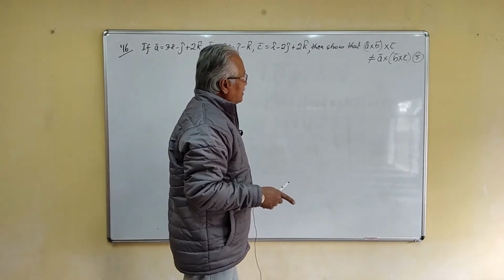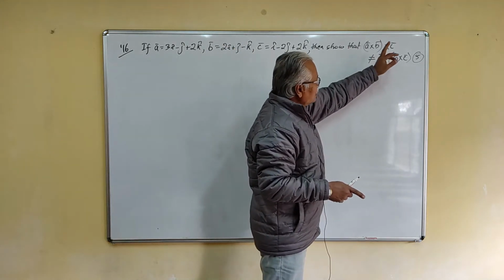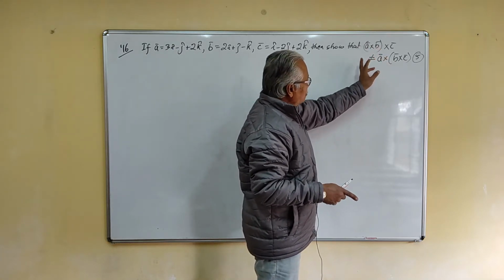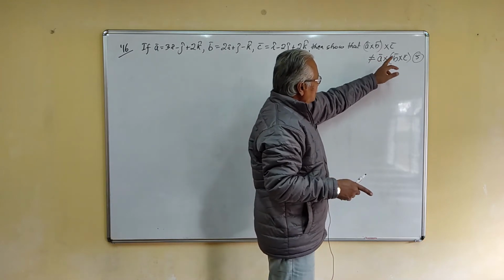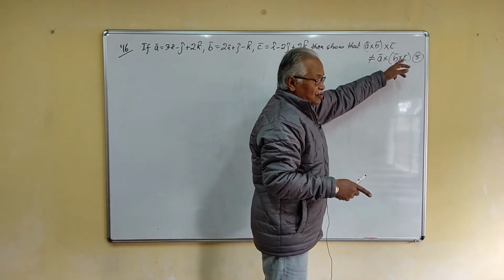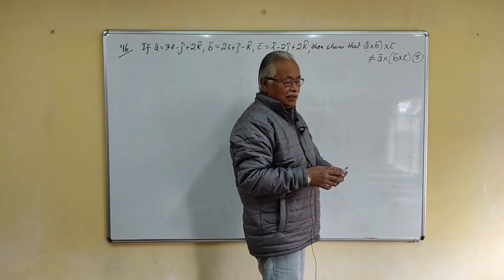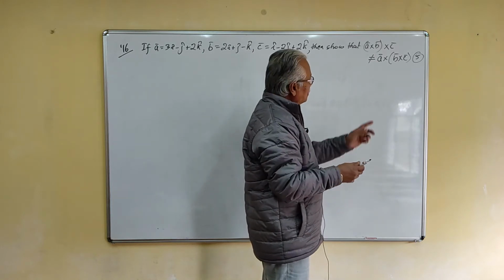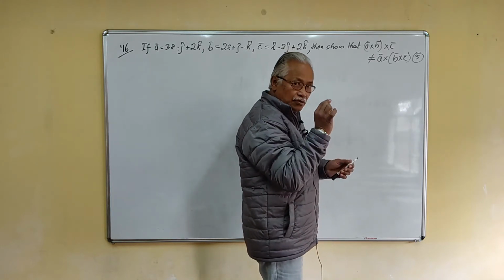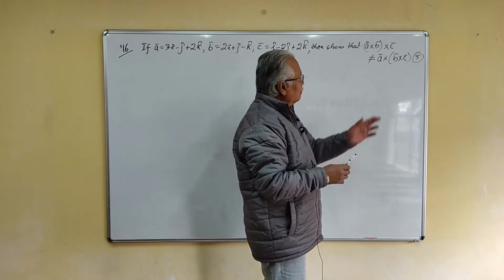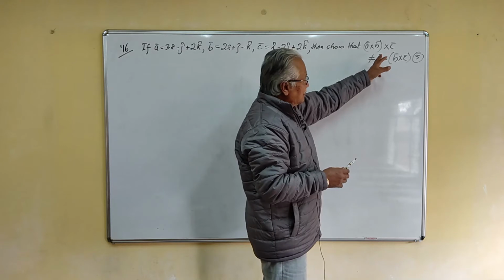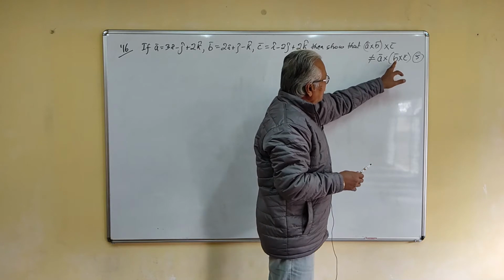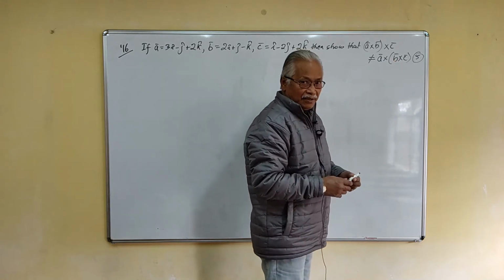Then you got to show that (a cross b) cross c, a cross b is in the bracket, is not equal to a cross (b cross c). The b cross c is in the bracket. So this is the associativity property of cross product, which does not hold for the vectors, right? (a cross b) cross c is not equal to a cross (b cross c). That is, b cross c is in the bracket.